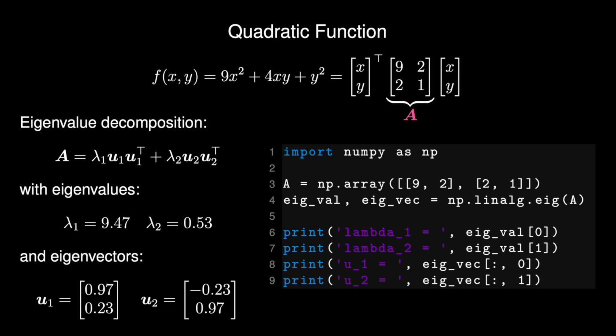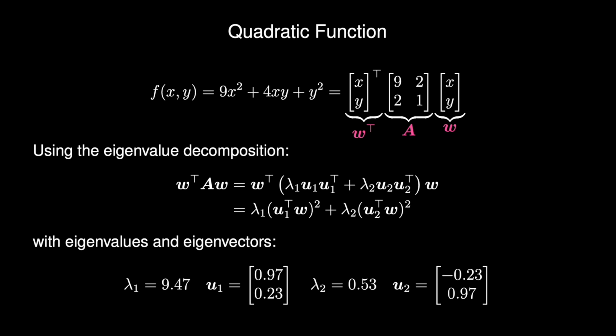The two eigenvalues are approximately 1.47 and 0.53, and the eigenvectors tell us the principal directions of the function. Using the eigenvalue decomposition, we can rewrite the quadratic form as a weighted sum of squared projections onto the eigenvectors. This decouples the two directions entirely.